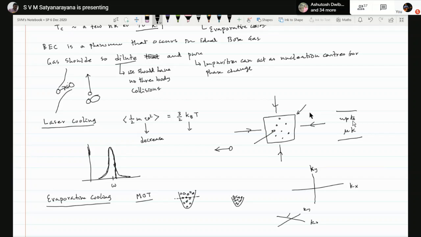You will see a huge population near zero. There is a peak, and of course there is some population elsewhere, but this huge population near the origin is a signature that Bose-Einstein condensation has taken place.